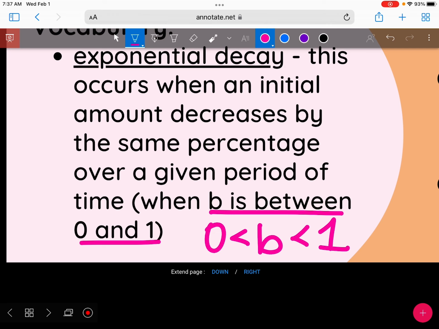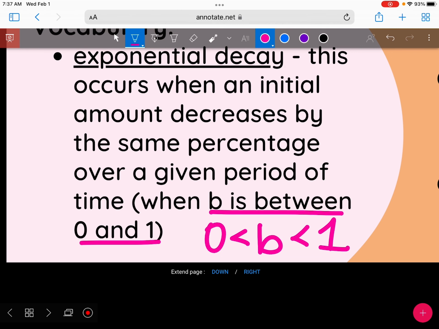Okay? So the first activity, or first example of exponential decay, which is example 5 because this is still part of 7-1, we're determining whether, when we look at these functions we're given, it is exponential decay or exponential growth. So if we know that exponential decay is when b is between 0 and 1, what does b have to be for exponential growth? It can't be between 0 and 1 because that's exponential decay.